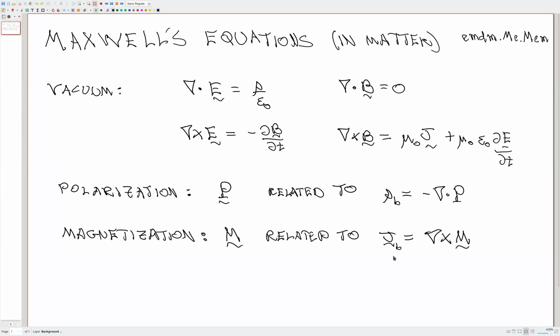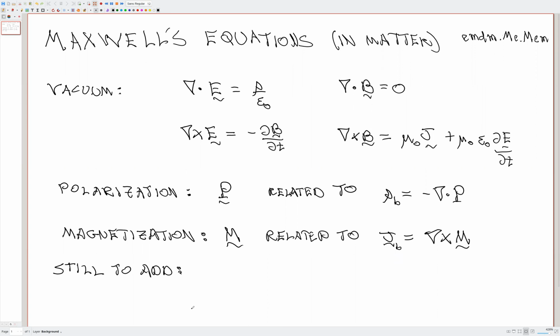So what we'll try to do is just encompass these concepts into Maxwell's equations. However, there's something new to add here. So still to add.